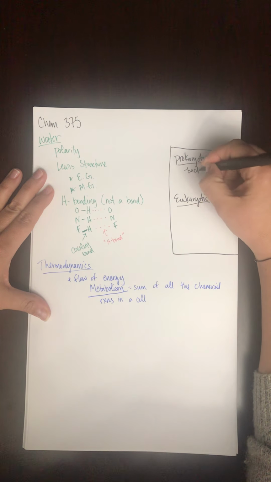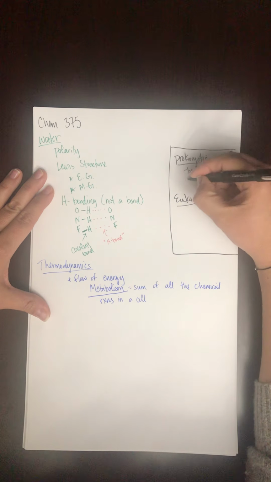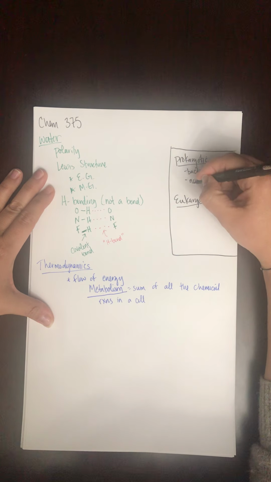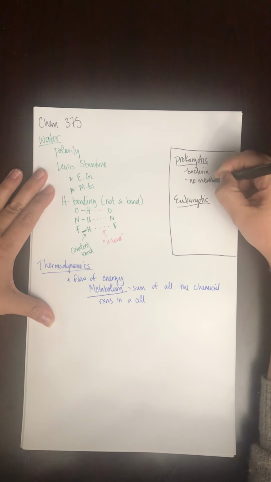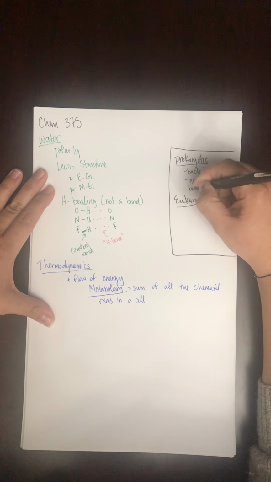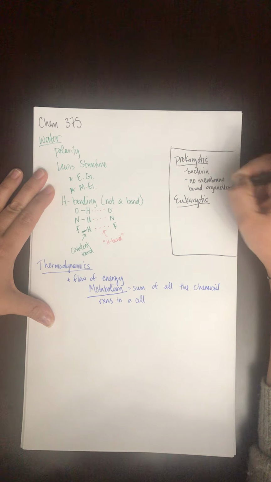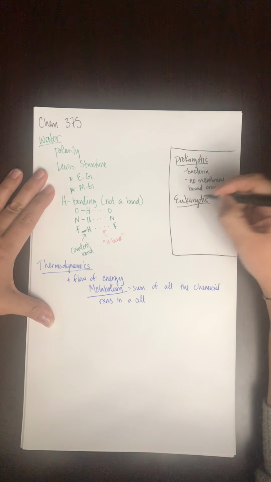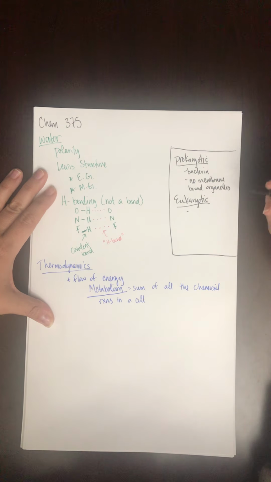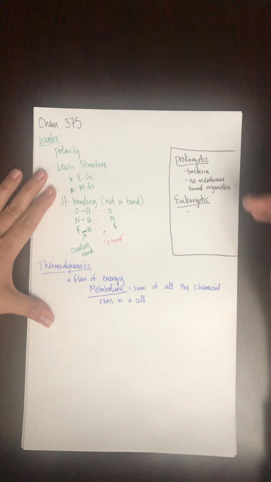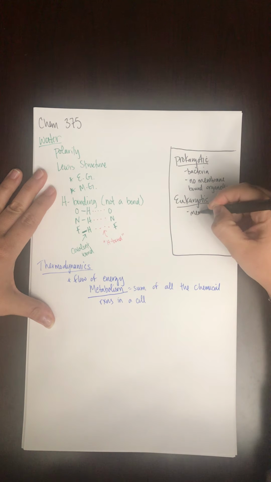Prokaryotic cells are mostly things like bacteria. Prokaryotic cells have no membrane-bound organelles. Eukaryotic cells do have membrane-bound organelles. There are a few differences, but one of them is that a eukaryotic cell has a membrane-bound nucleus.